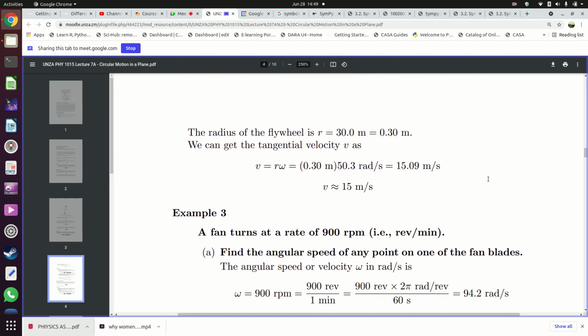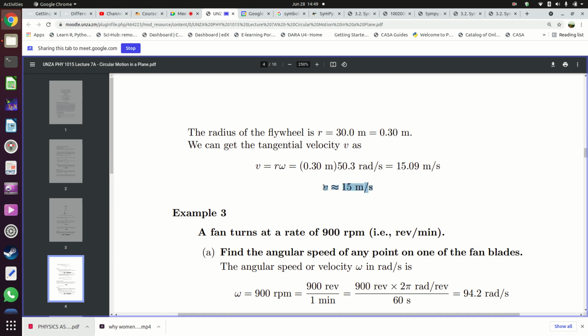The radius is 30 centimeters, but you don't multiply using centimeters. You have to change your centimeters into meters, so that's 0.3. So you end up with a radius of 0.3 meters times an angular velocity of 50.3, giving a velocity of 15.09, which is approximately just 15 meters per second.